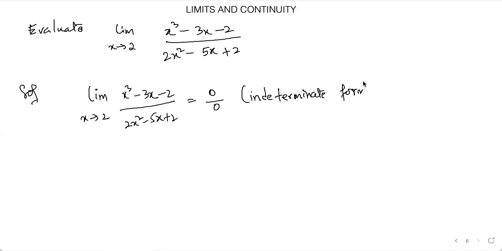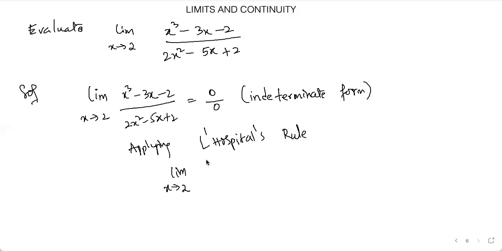So by applying L'Hopital rule, this would be limit x tends to 2 of (3x square minus 3) by (4x minus 5).